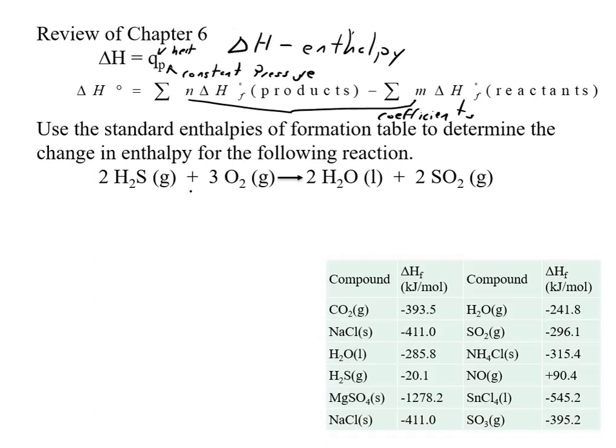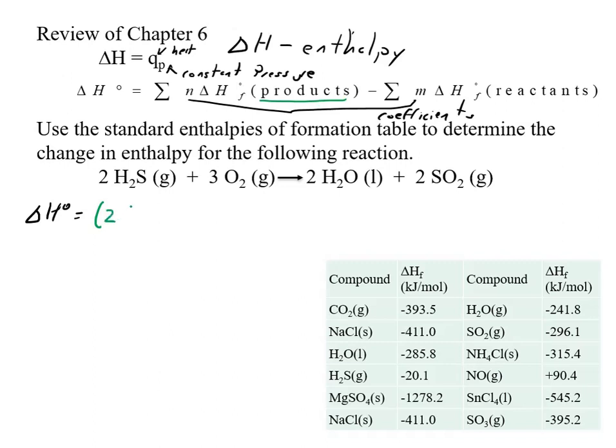So looking at this example here, okay, the delta H naught, it's the products first, okay. I'll tell you what, I'll do this by color coding it. Okay, so the products first is going to be the sum of the products.